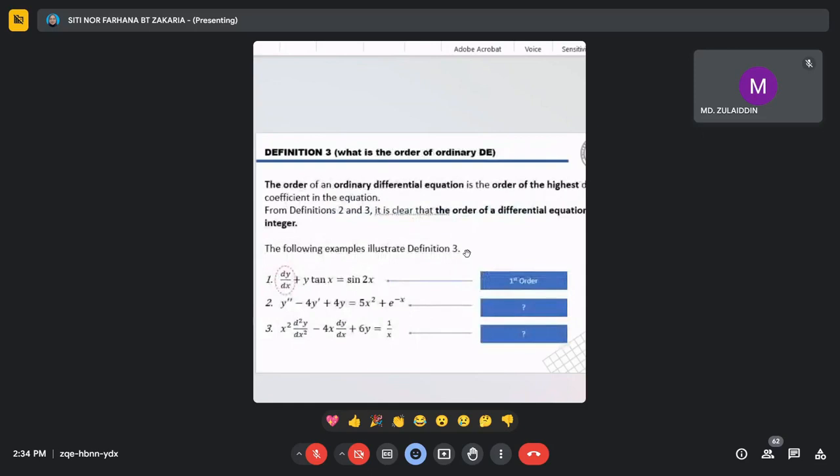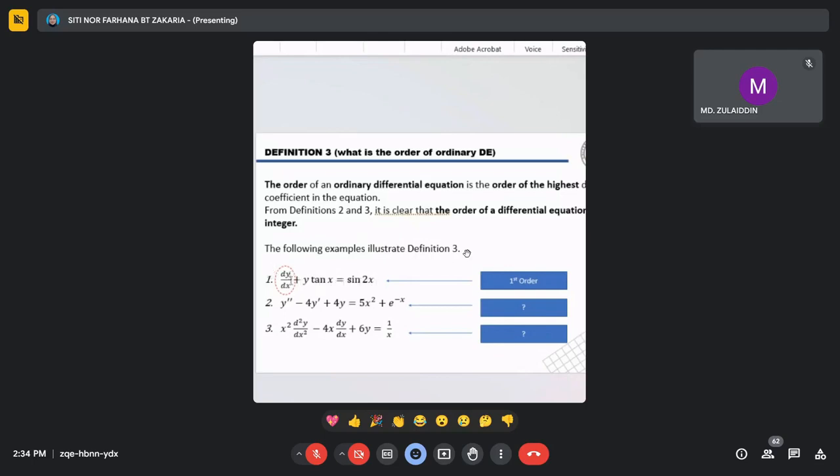Okay, let's do some exercises. For the following examples, try to answer. For 1, dy/dx plus y tan x equals sin 2x. So this is first order, right?